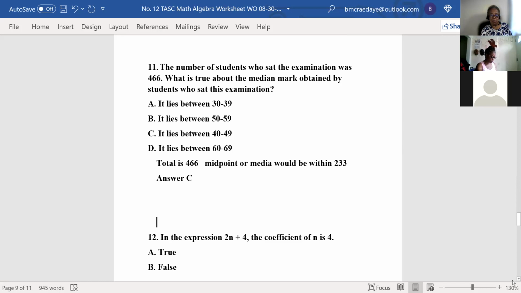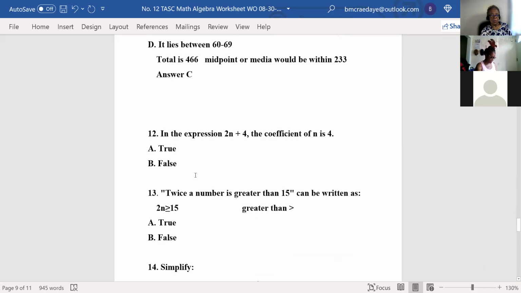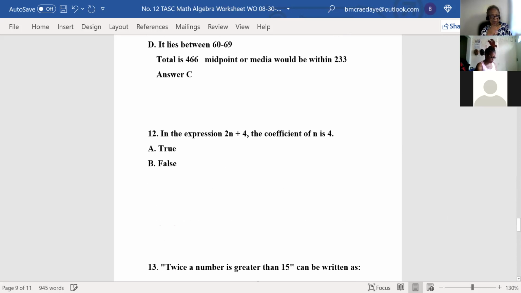Maureen, number 12. In the expression 2n plus 4, the coefficient of n is 4. True or false? What's the coefficient of n in this expression?